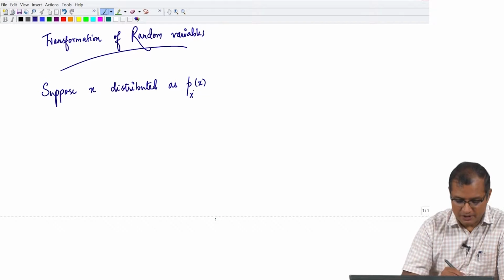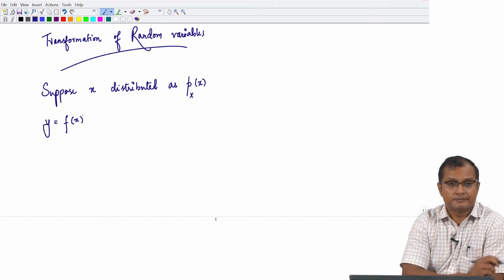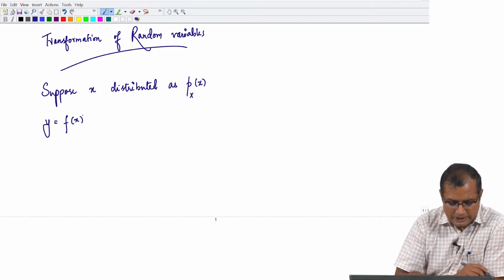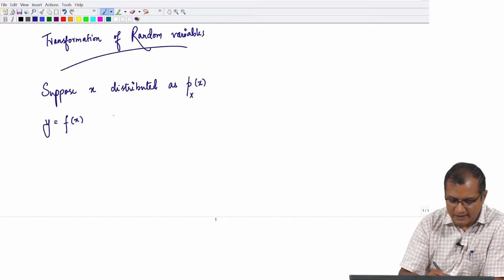Now, you have a function y that is given as f of x, and this relationship is a one to one mapping in the sense that I can invert this equation to get the values of x by simply saying that x is f inverse of y.